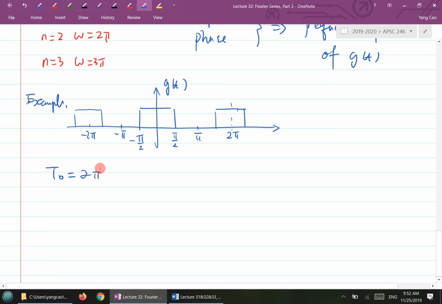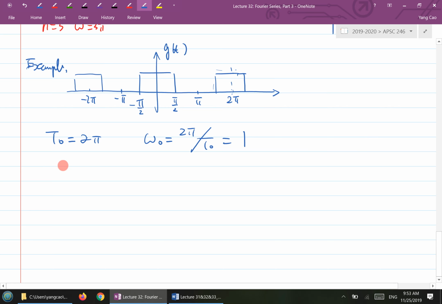It doesn't matter where you start actually. If you make it comfortable, you can start from negative pi and go back to here, that's a repeat. Or you start from 0 and go back to here, that's also a repeat. So t naught is 2 pi. Then omega naught, the fundamental harmonic, is 2 pi over t naught, which is 1.